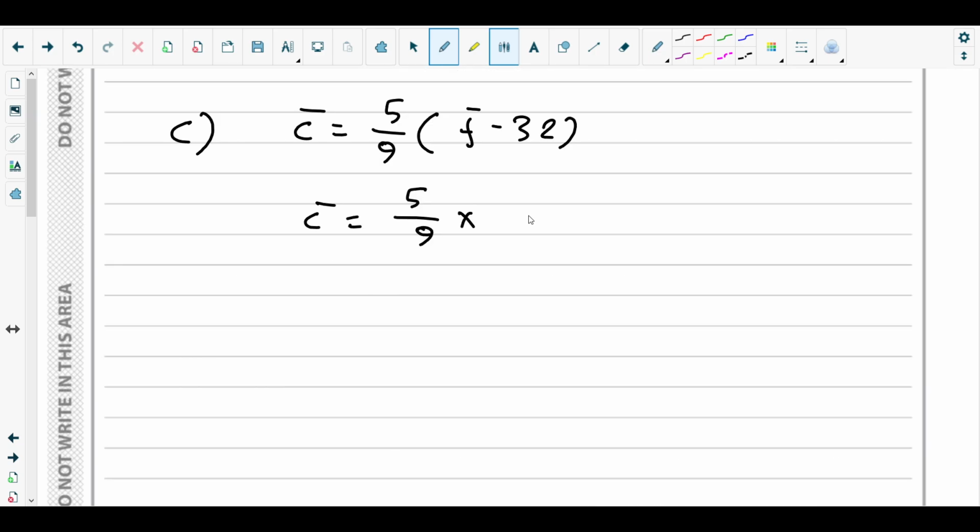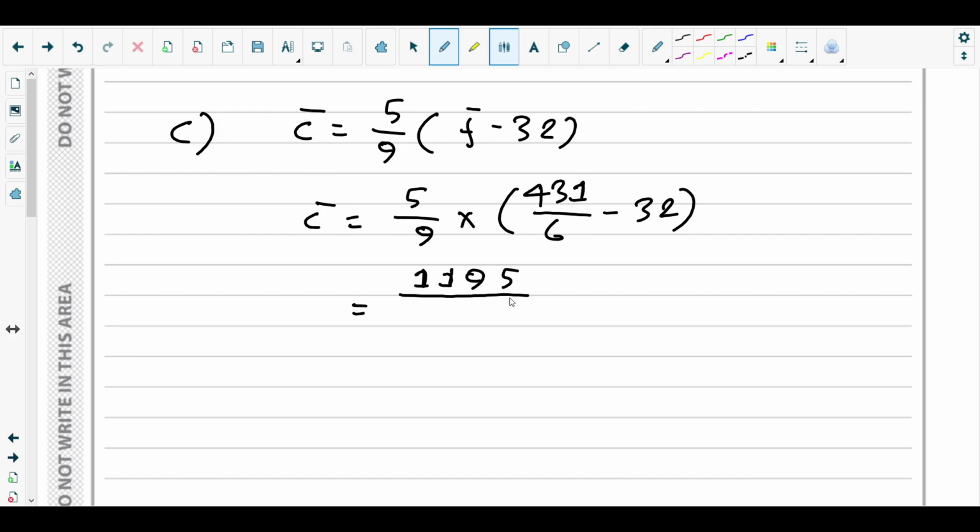So this is 431/6 minus 32, times 5/9, which will give you 1195/54.